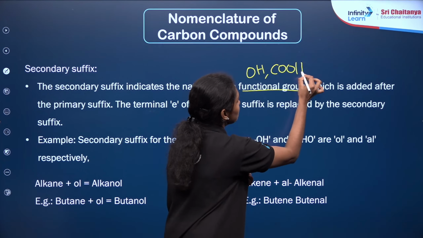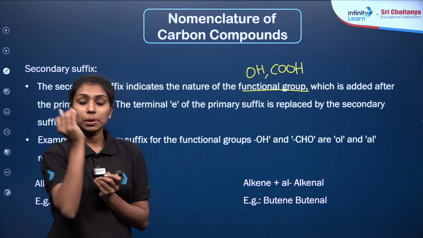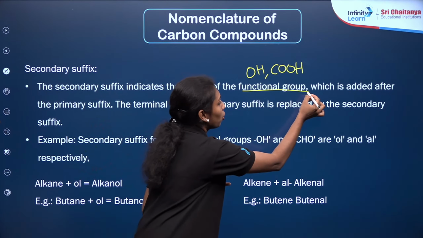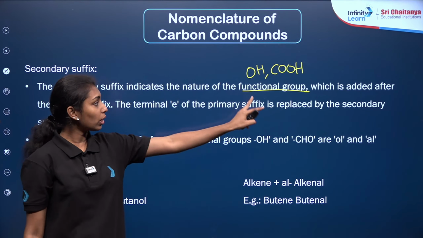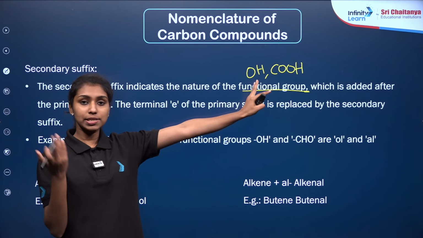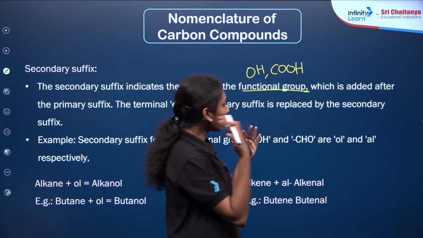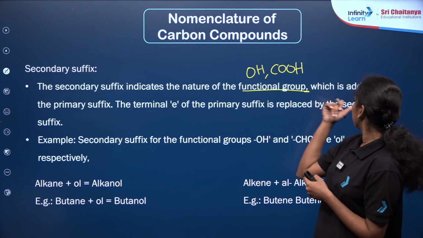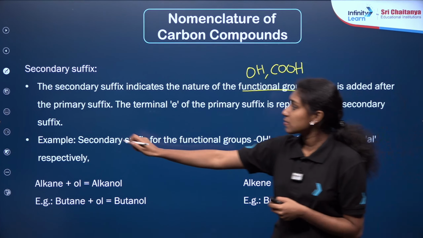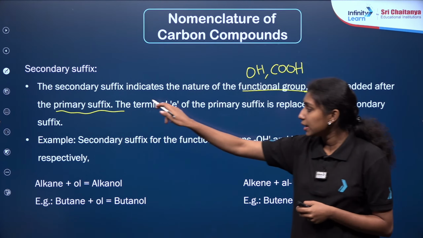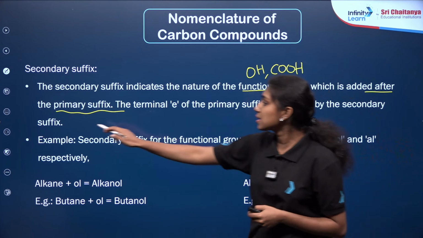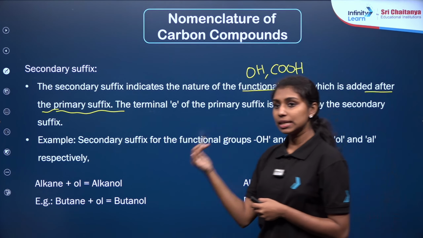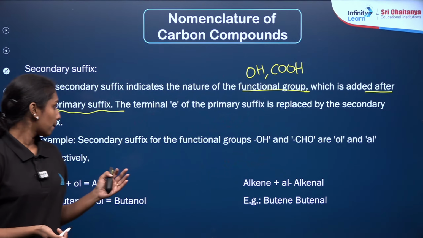Whenever these groups are present in the compound, they give particular functions to the compound, which is why they are called functional groups, for example the OH group or the COOH group. If a compound has any functional group, after the primary suffix we need to add the secondary suffix. No need to worry here, we will discuss with examples.